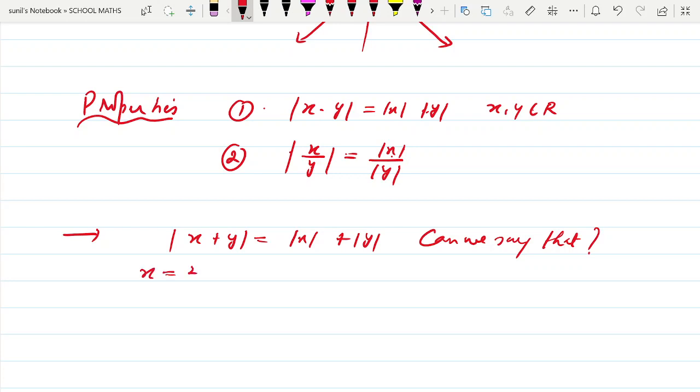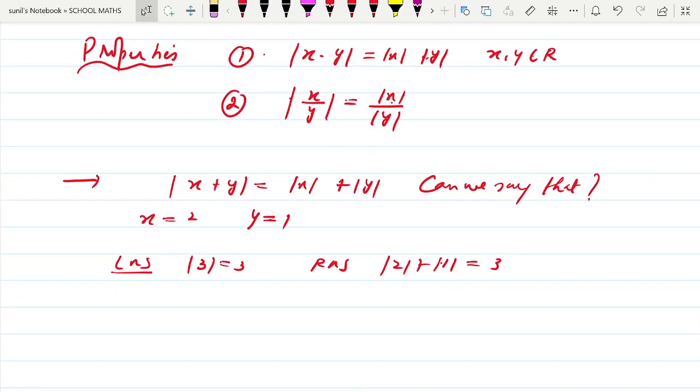If I take x equals 2, y equals 1, then certainly my LHS is mod 3, that is 3, and RHS is mod 2 plus mod 1, that is 3. So equality holds. Now if I take x equals minus 2, y equals minus 1, what will happen?